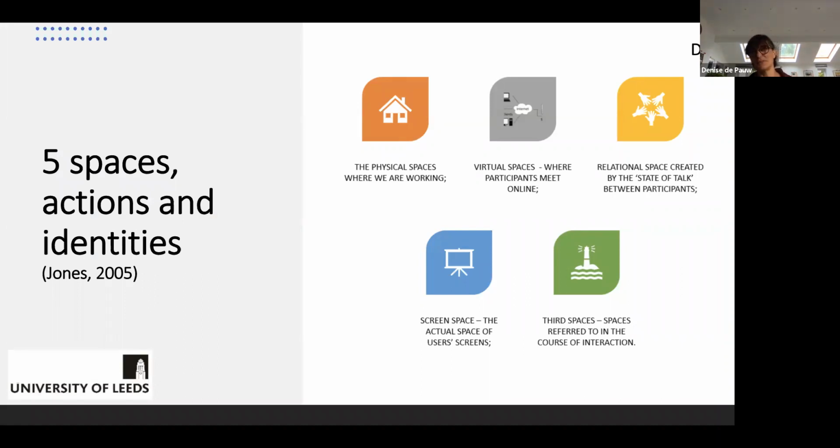And there are more than 5, of course, but the 5 main ones we considered were the physical spaces where we're working, virtual spaces where participants meet online, relational space created by the state of talk between participants, the screen space, which is what you can see on the screen, and third spaces, which are places that people referred to during the course of interactions.